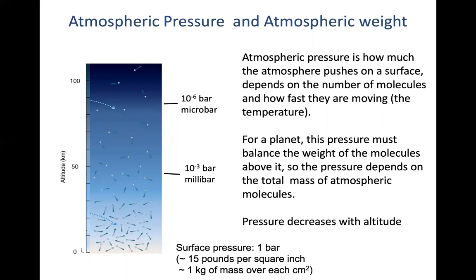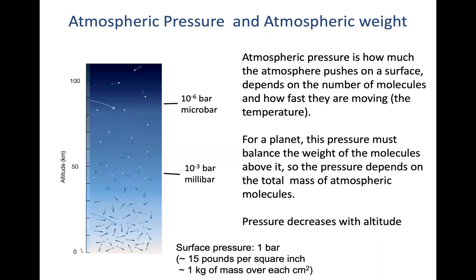The way to think about it is this. If you held a sheet of paper horizontally, there is an atmosphere's worth of material weighing down on that paper. But the paper doesn't sag under that weight because there's atmospheric pressure. There's air below that paper pushing back up. So atmospheric pressure is basically equivalent to the weight of the atmosphere above it.